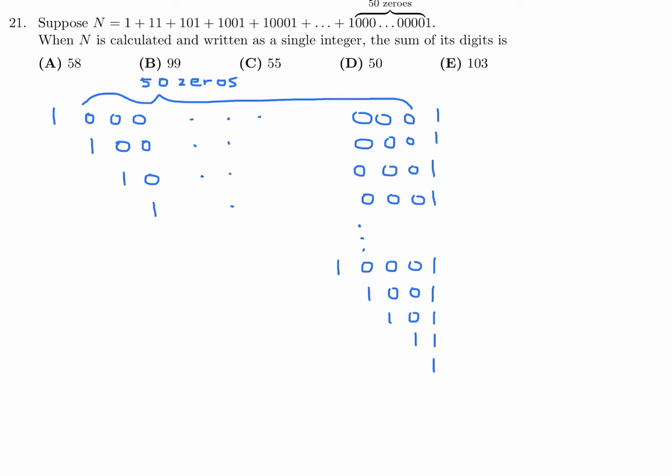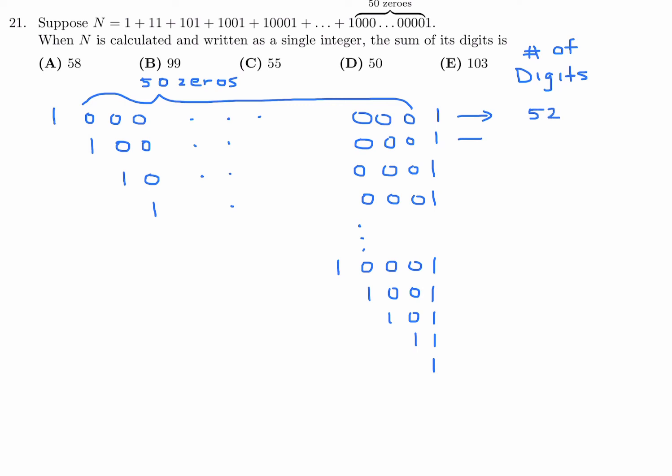Okay? So now here on the side, I'll write the number of digits. For this big long number, how many digits were there? Well, they told you there's 50 zeros. So that means because there's a 1 on either end, in total there's 52 digits for that number.